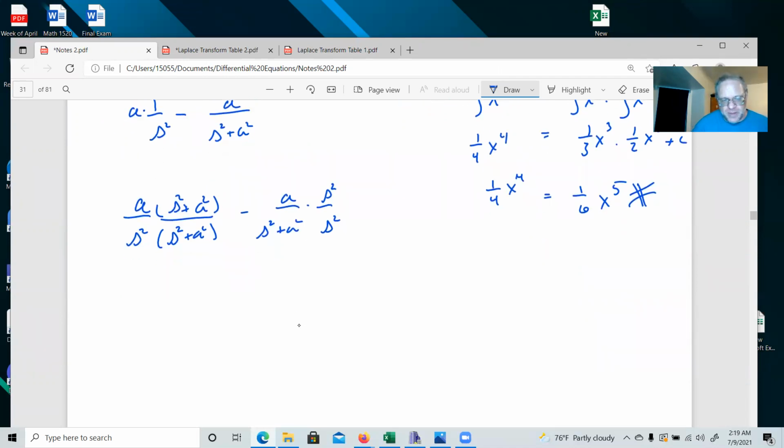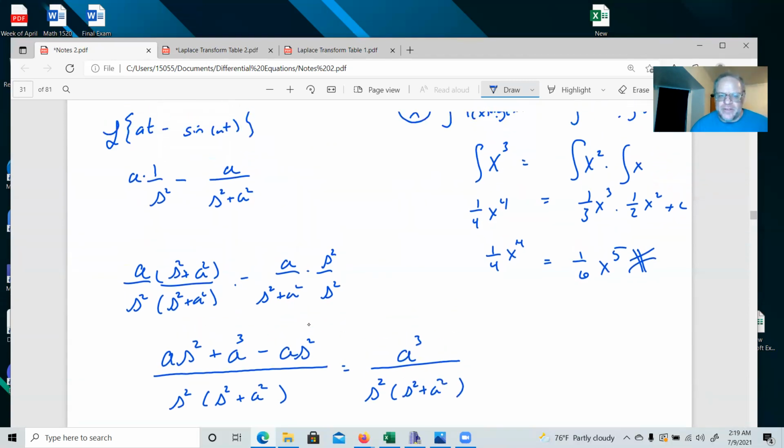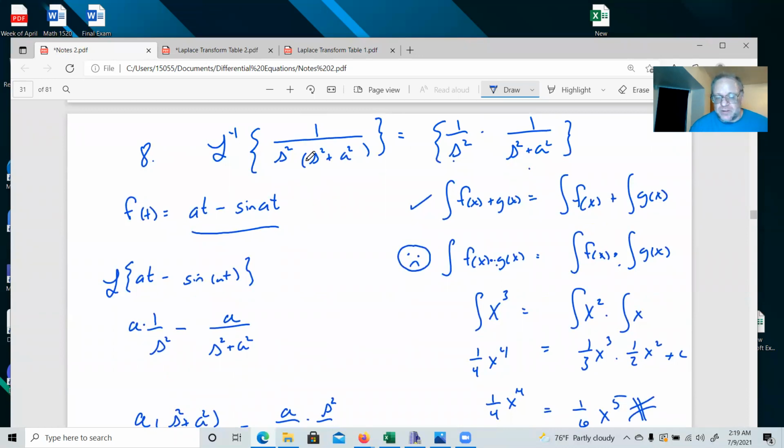Okay, so this is going to be a times s squared plus a times a squared, which is a cubed, minus a s squared. Now, I hope you know by now not to multiply out the bottoms unless you really have to. Okay, and this is going to be, the a s squared terms cancel, a cubed over s squared times s squared plus a squared. Hey, I would say it's the same thing, except it's a 1 here instead of that.